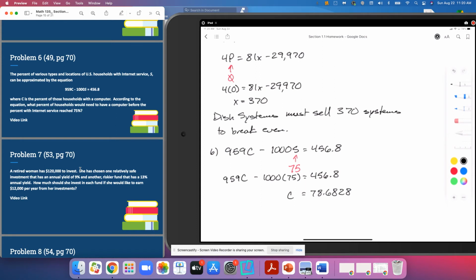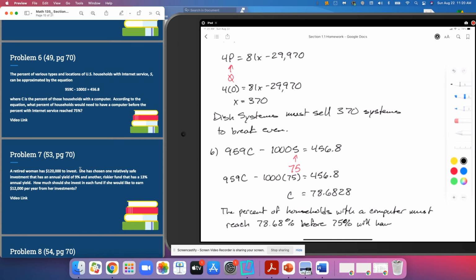And so in this case, what we are seeing is that the percent of households with a computer must reach 78.68, I'm just going to round, percent before 75% will have internet.